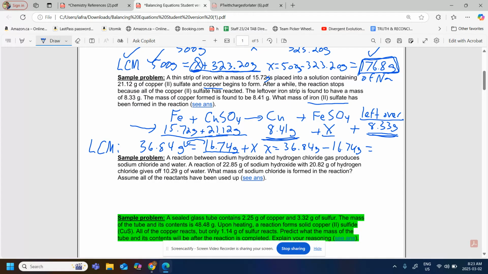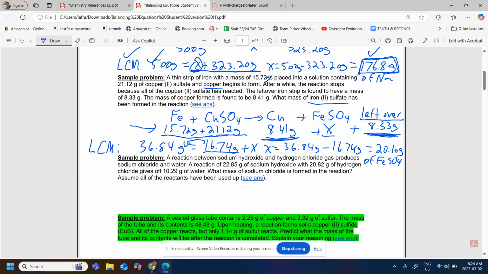So that brings us to 20.10 grams, or 20.1 grams. You don't have to round right now. If you do round, I'd tell you to how many decimal places. So this is grams of FeSO4.